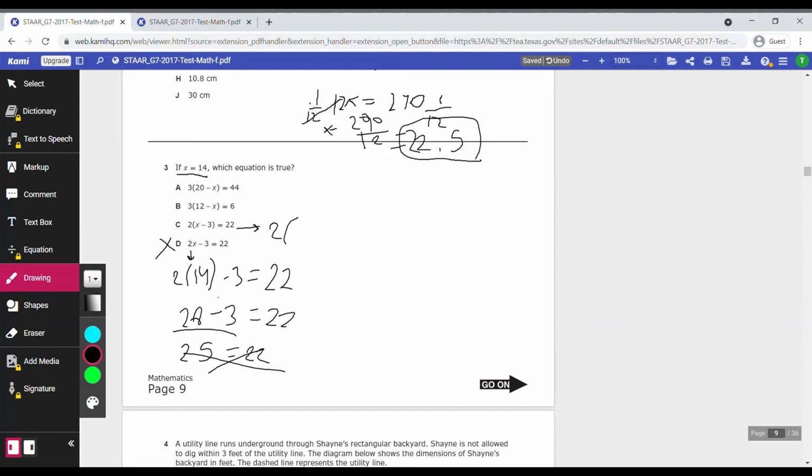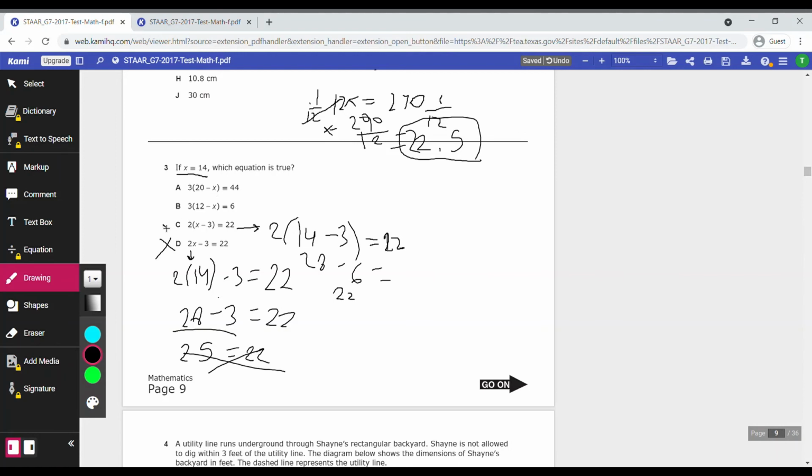Now 2 times 14 minus 6, because remember, where x is, we have to plug in 14. 2 times 14 is 28, minus 6 is 22, and 22 is 22.